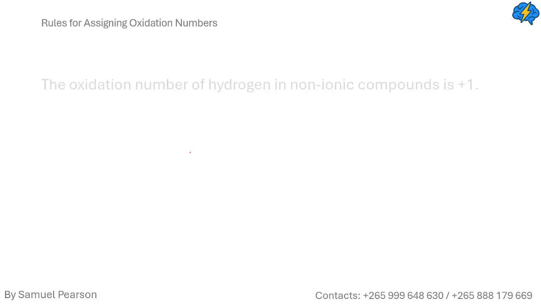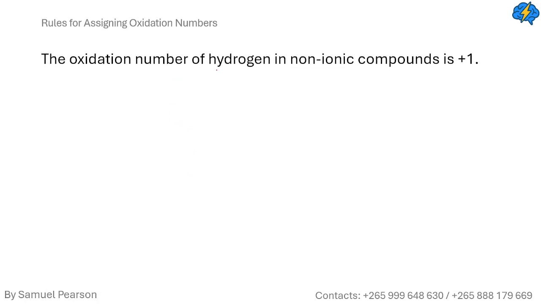Another rule, the oxidation number of hydrogen in covalent compounds is +1. For instance, water is a covalent compound, so the oxidation number of hydrogen in a compound like water is +1.